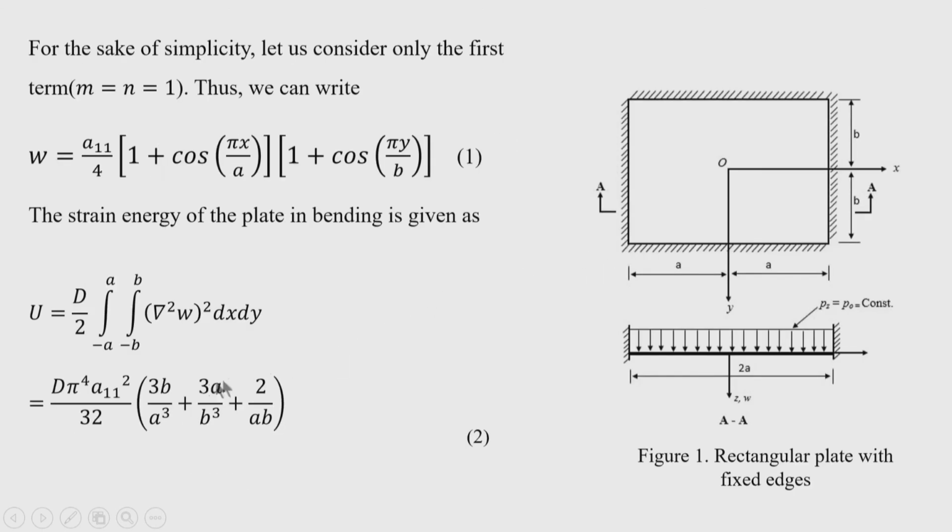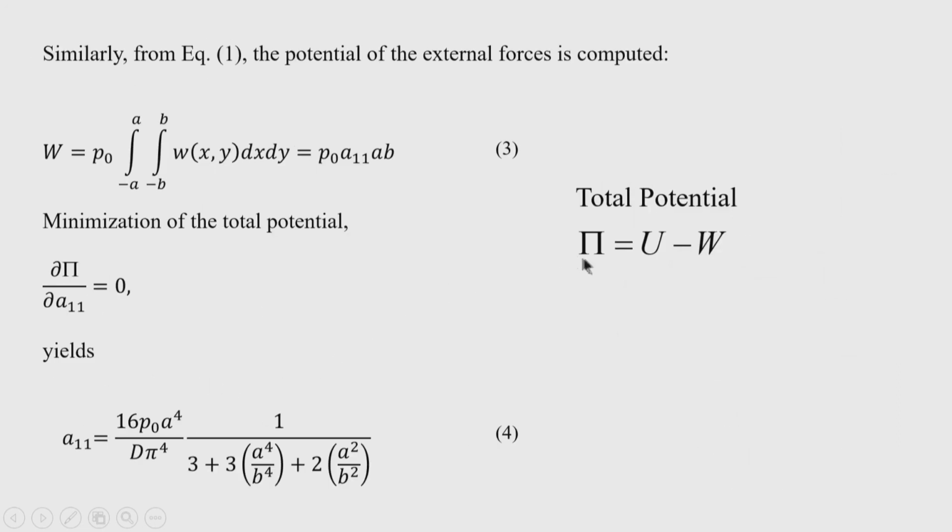What is U? U is the strain energy of the plate: D pi to the power 4 A11 square divided by 32 into bracket 3 b by a cube plus 3 a by b cube plus 2 by a b. So, after calculating this total potential, we now use the Rayleigh principle. That means we take the first derivative of total potential with respect to A11.